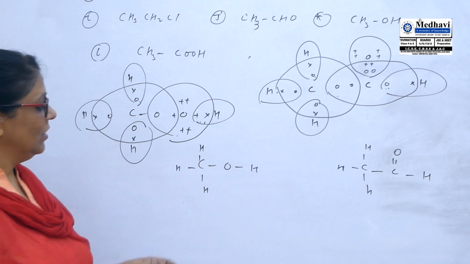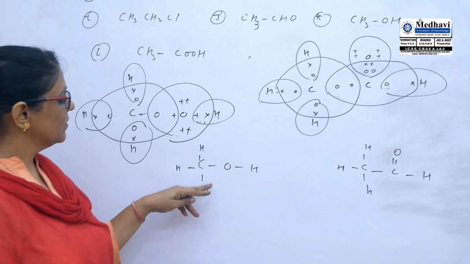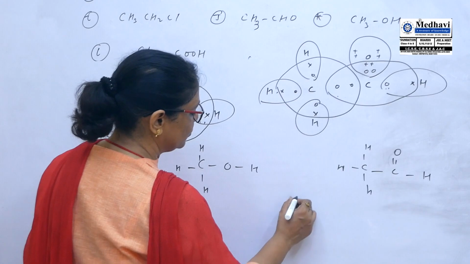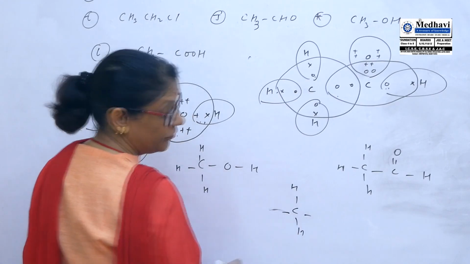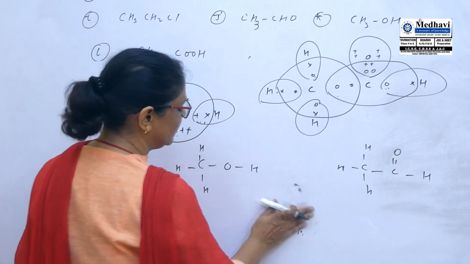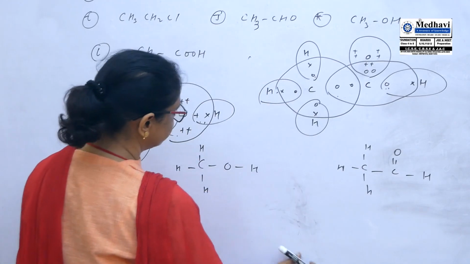Suppose there is ethanol. So one CH2 is added, C and H above below. So it is easy to draw CH2 like this. CH2 here. So if the number of carbon increases, we simply add that group. Then next last is ethanoic acid.